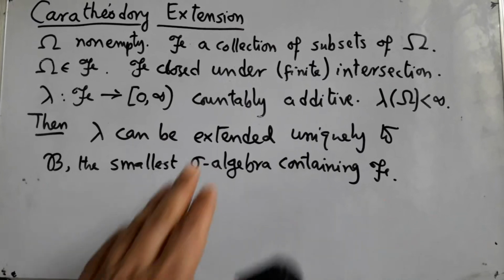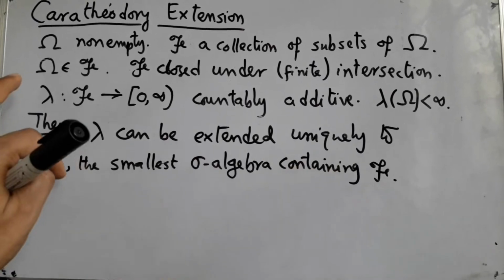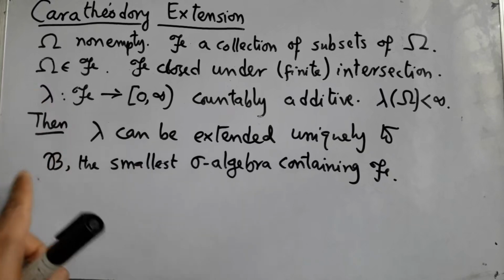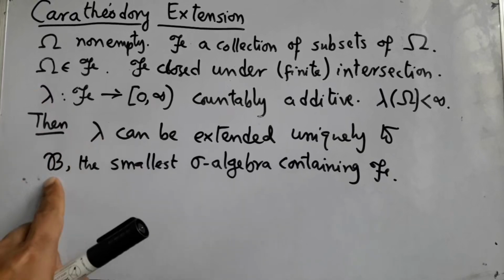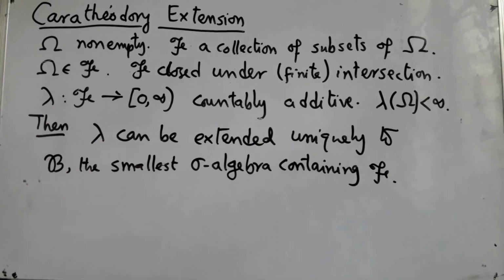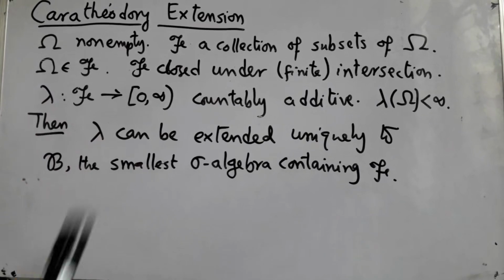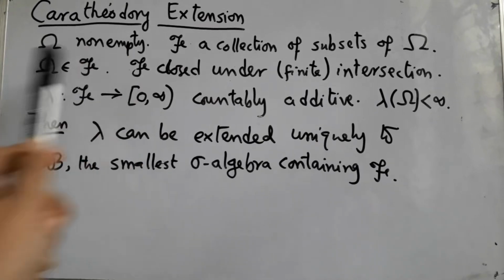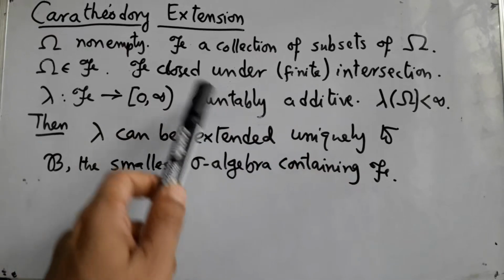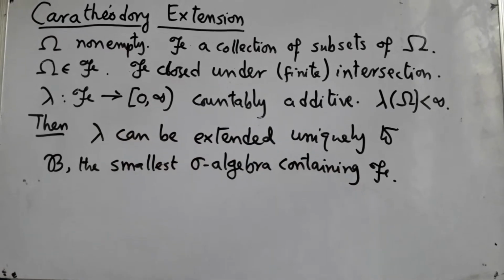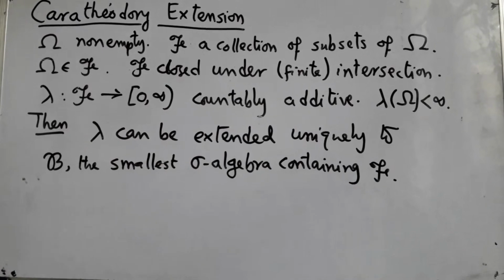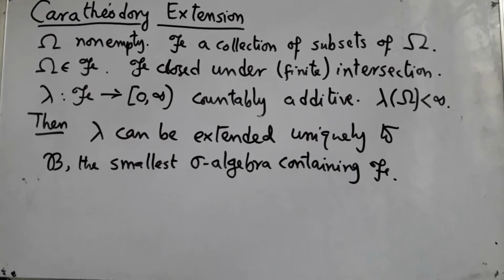Extended uniquely means based on only these values, you can uniquely determine the values of lambda for those sets as well. So that is Caratheodory extension theorem, and its main idea, that script F is closed under finite intersection, the need for that condition can be felt even from the toy example.